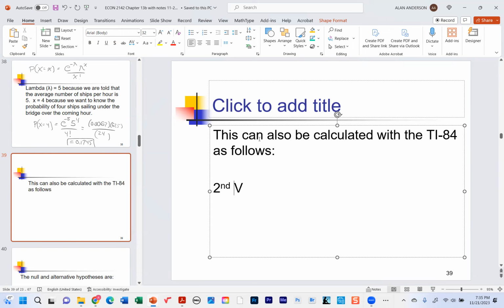We're going to hit second bars, and then you're going to go down the list and choose, let's see, where's it? D. Mine is D. It might not be D on yours, but it's spelled Poisson PDF. Make sure it's PDF and not CDF. Okay, so when you choose it, what is it going to ask you for?